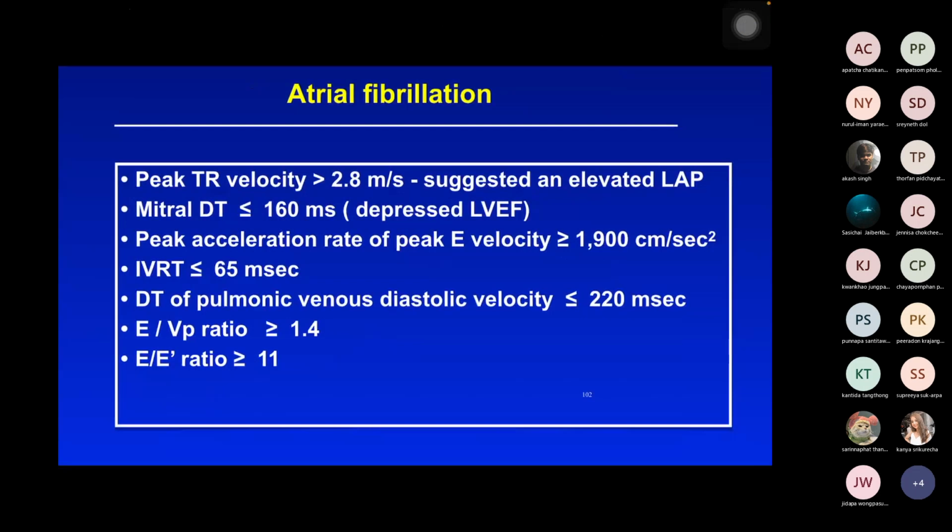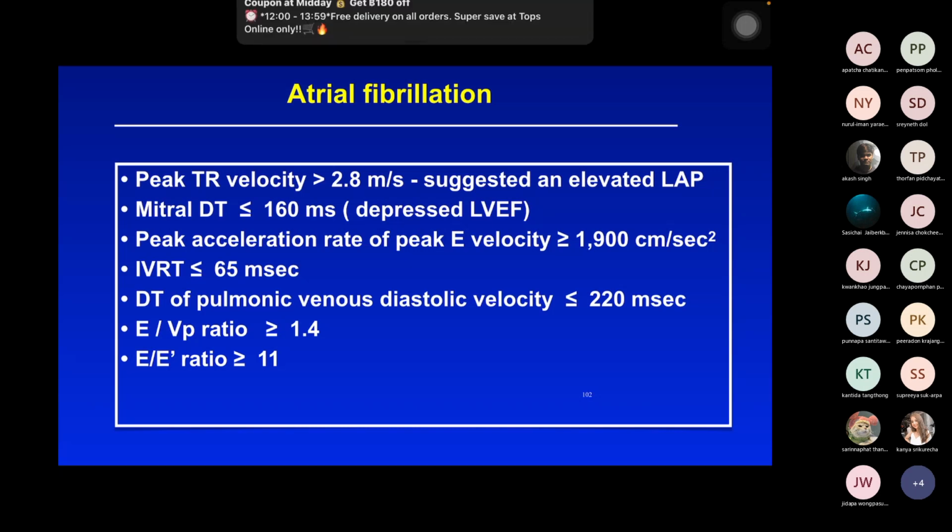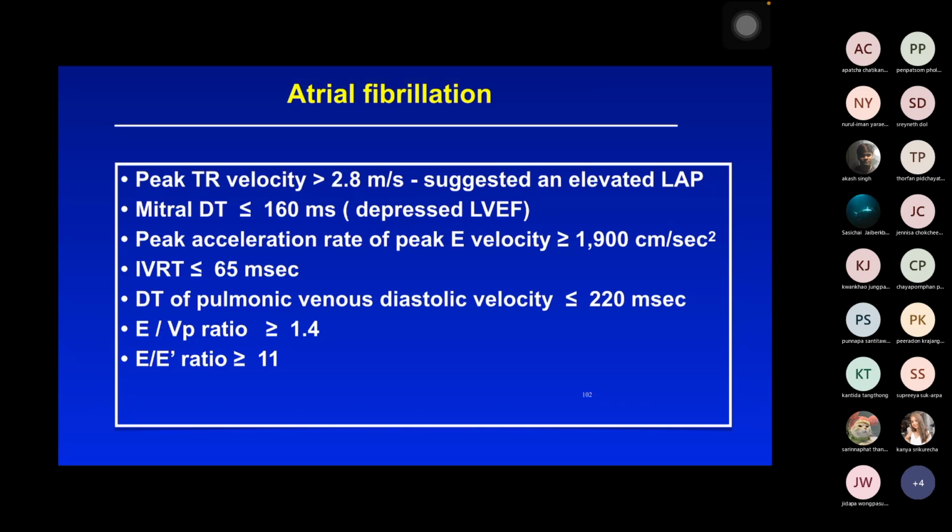When you evaluate all of these parameters in atrial fibrillation, from the MV inflow we should not see the A wave because AFib has loss of the atrial kick.